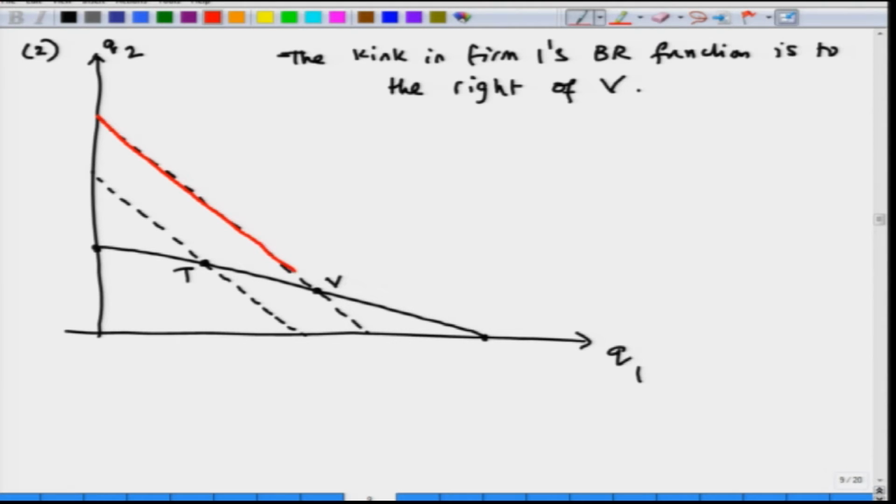It follows all the way till here and let us say the K1 bar is here. So, this is the best response function of firm 1 and this is the best response function of firm 2 and my K1 bar essentially is here, right.